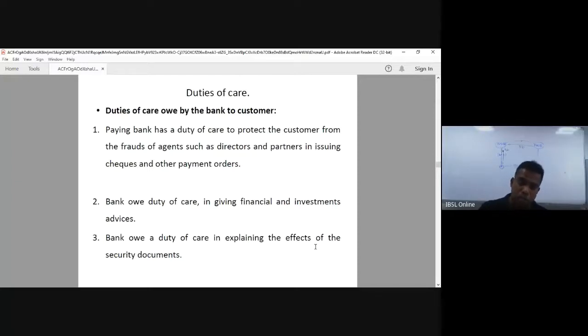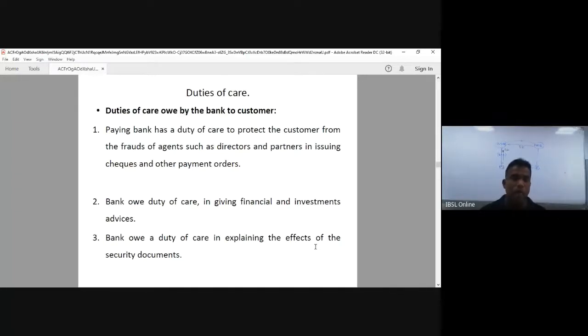So as a banker, you have to protect the account holder's rights, that means the company's rights. Therefore, it is very important. The bank has a duty to prevent frauds by agents and directors, and you have to protect the rights of the customer.